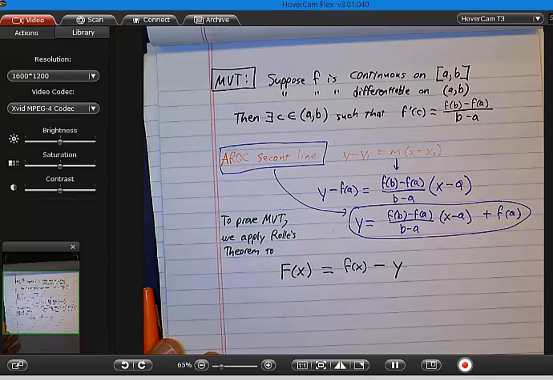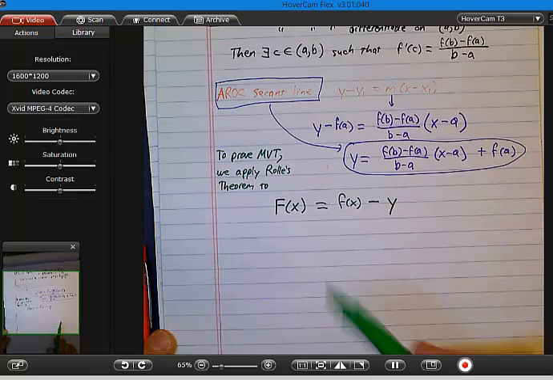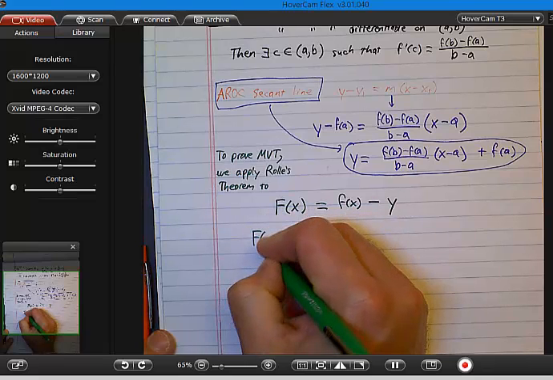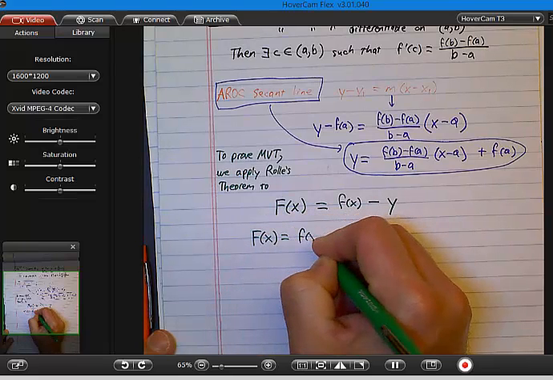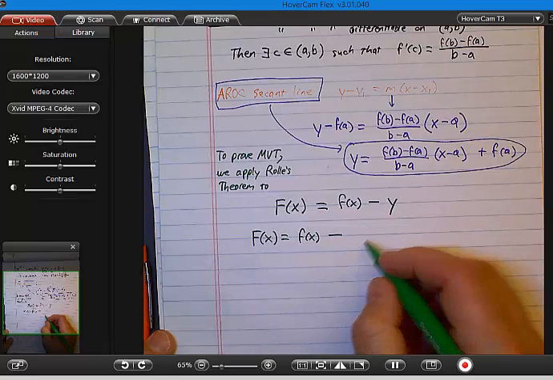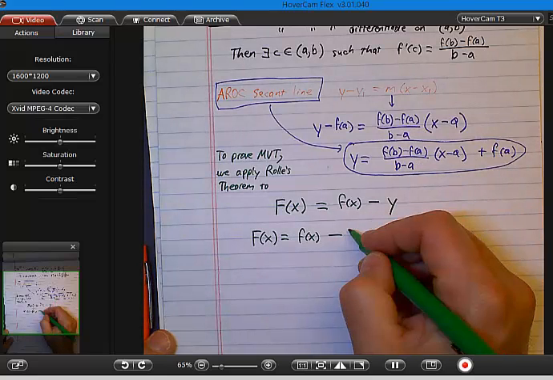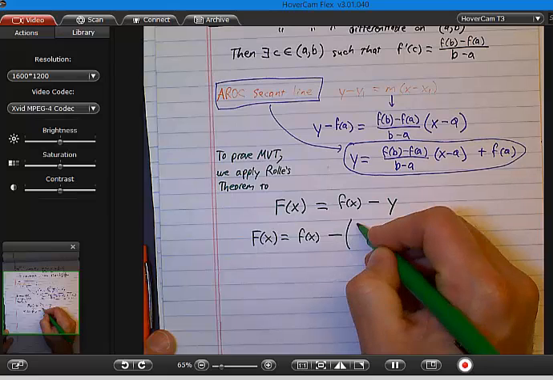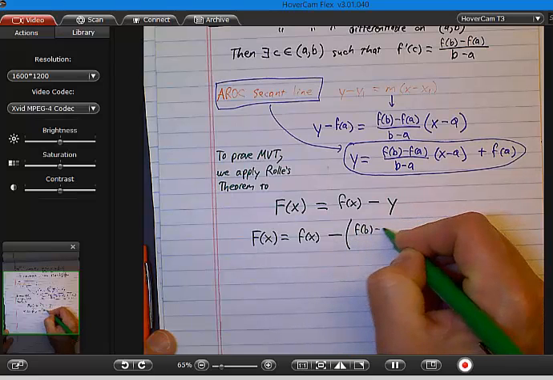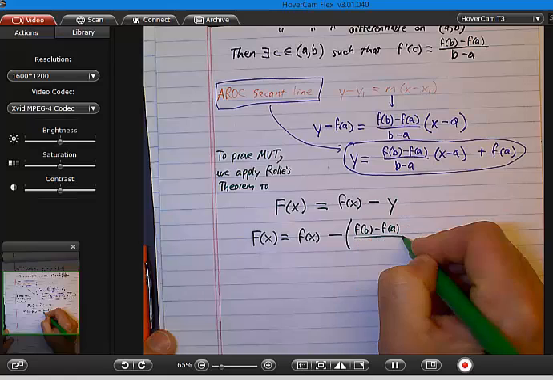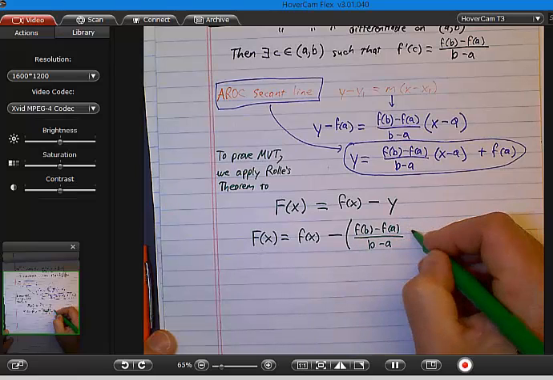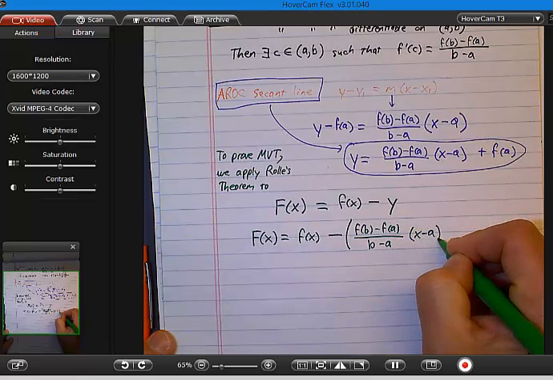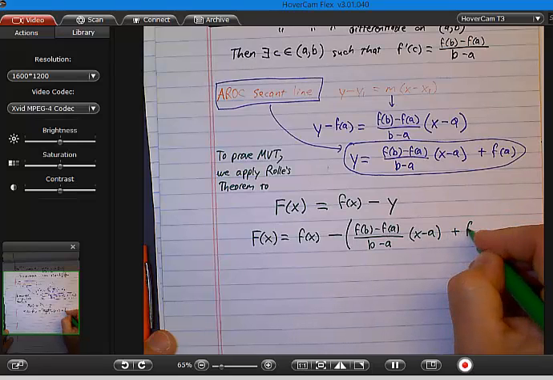Where, what do I mean by y? I mean this big mess. Okay? So let me write it out more carefully. Big F(x) is equal to little f(x) minus all this stuff. I better put it in parentheses. (f(b) minus f(a)) over (b minus a) times (x minus a) plus f(a).